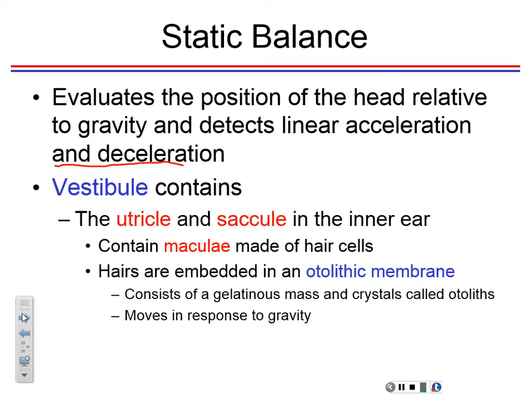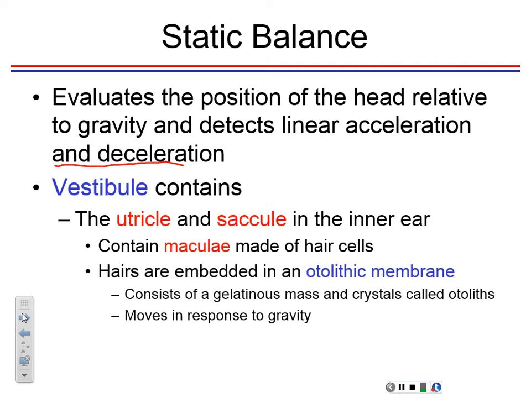The otolithic membrane is just a gel that gives weight on the head, so that when the weight moves, it moves the hairs, because the hairs are too thin, too fine to move on their own due to gravity. So it gives the mass, and it moves in response to gravity.